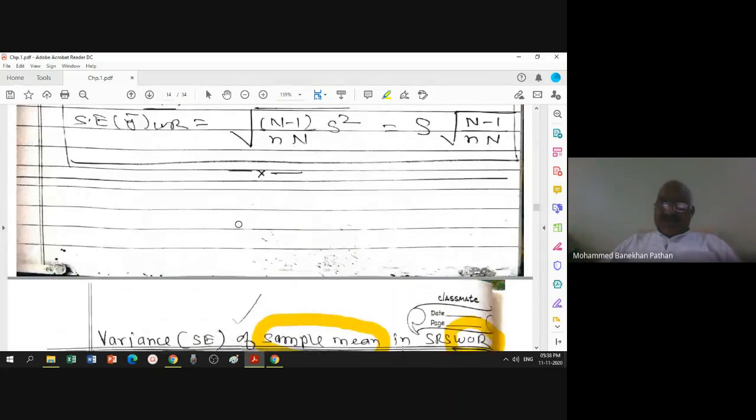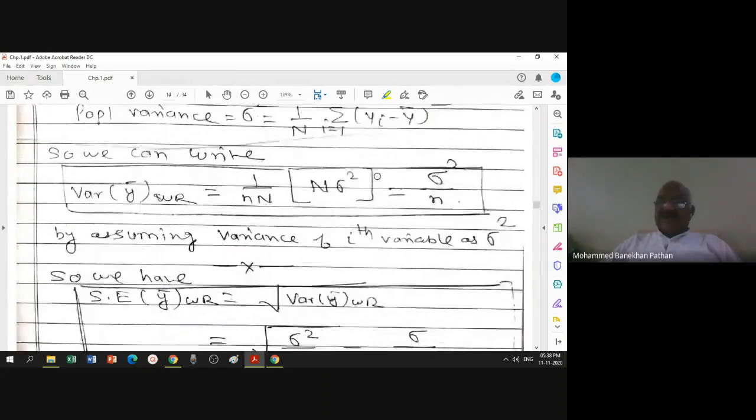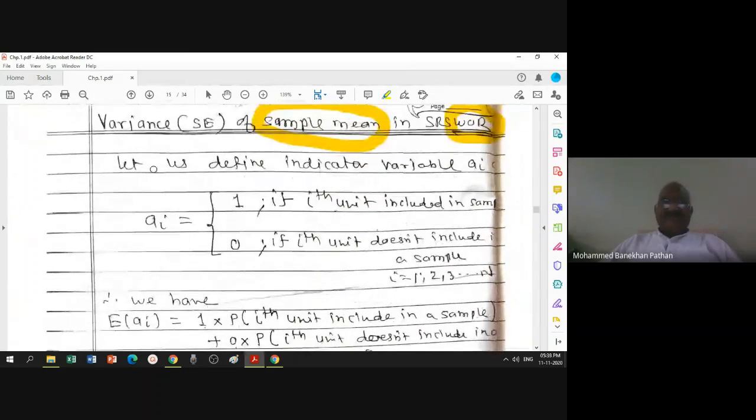What we derived is for with replacement. Now we repeat for without replacement. Very small change. Let us define indicator variable ai. ai is 1 if ith unit is included in the sample. When I say ith unit, that means ith population unit. It is 0 if it is not included in the sample.